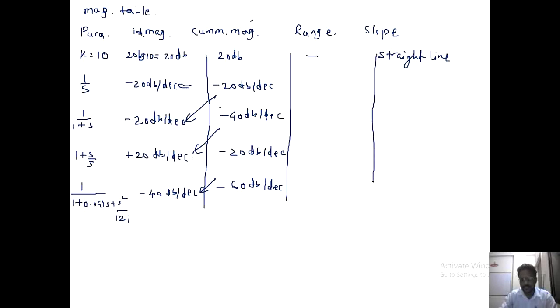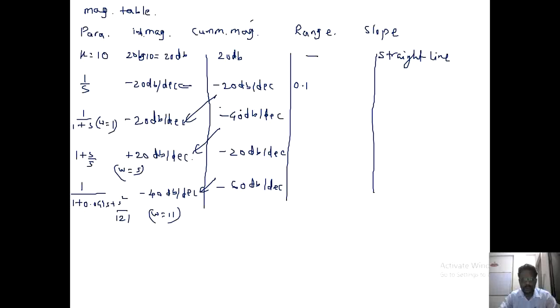What about the range? For range we need a corner frequency. We never calculate corner frequency for k and pole at origin, zero at origin. Here corner frequency omega is 1, here corner frequency omega is equal to 5, and here corner frequency omega is equal to 11. The range always starts from the very first number, that is 0.1. Our graph starts from 0.1.